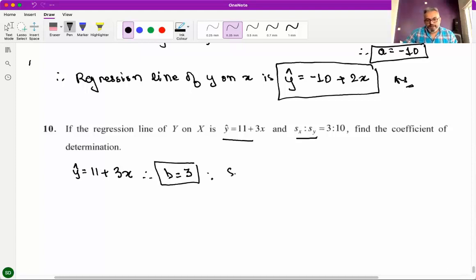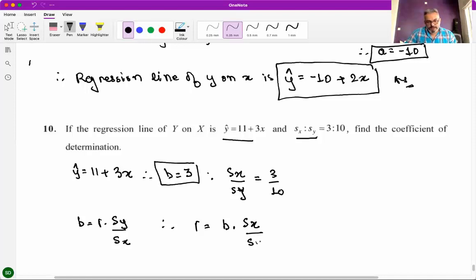Now, standard deviation of x upon standard deviation of y is equal to 3 by 10. b is equal to r into standard deviation of y upon standard deviation of x. Therefore, r is equal to b into standard deviation of x upon standard deviation of y. How did this come? S of x is multiplied here, S of y is divided here. Now we already have 3 by 10. We already have b.